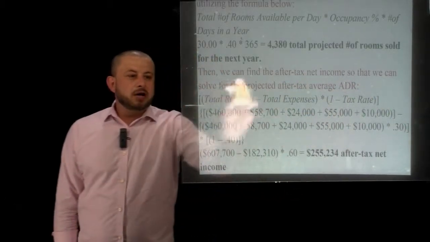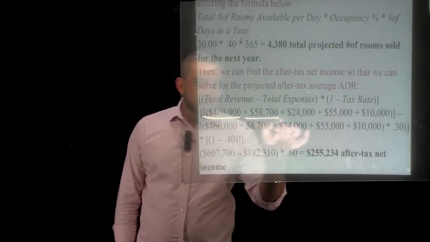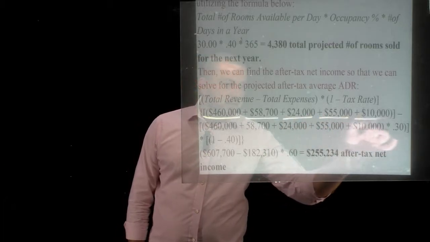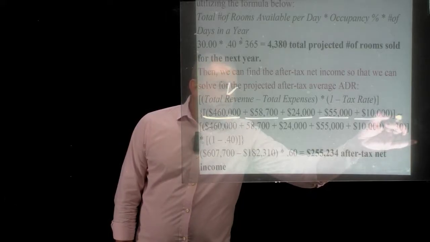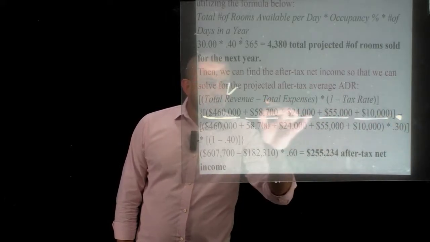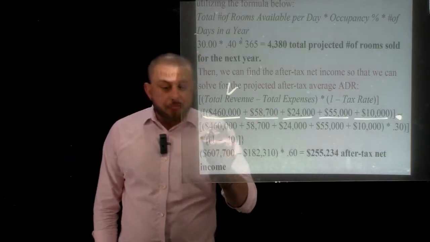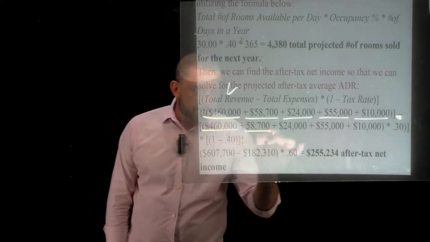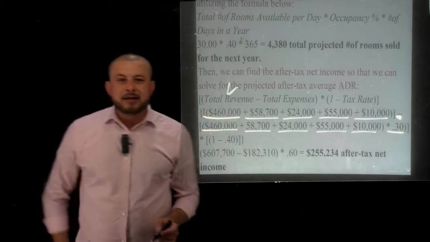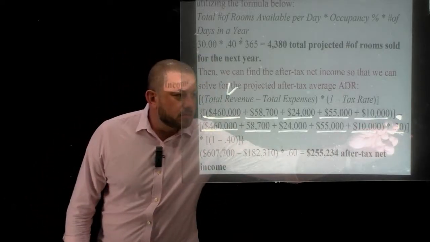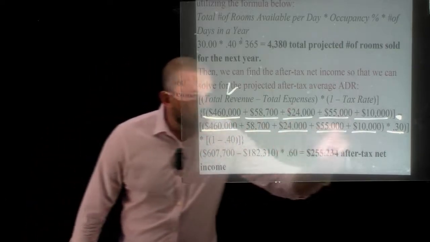All right. So after-tax net income will look like all the revenues which are added together, okay, minus total expenses, which are equal to the 30% of total revenues, same total revenues added up together, multiplied by 0.30. 0.30 is we are taking out 30% of all these total expenses right here, guys, okay, which will give us the total expenses.